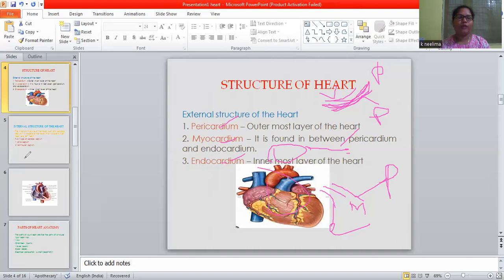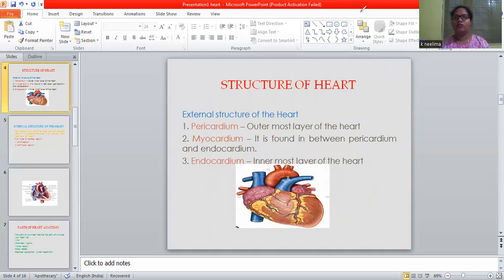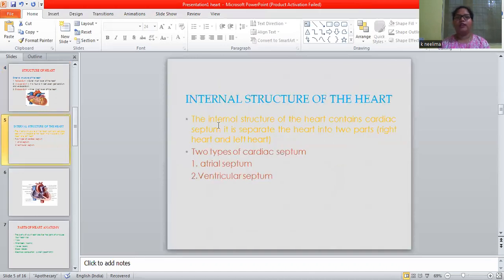Now we will move to the internal structure of the heart. In the internal structure of the heart, one septum is present, and it is very important. The septum is used to separate the heart into two parts, right and left.